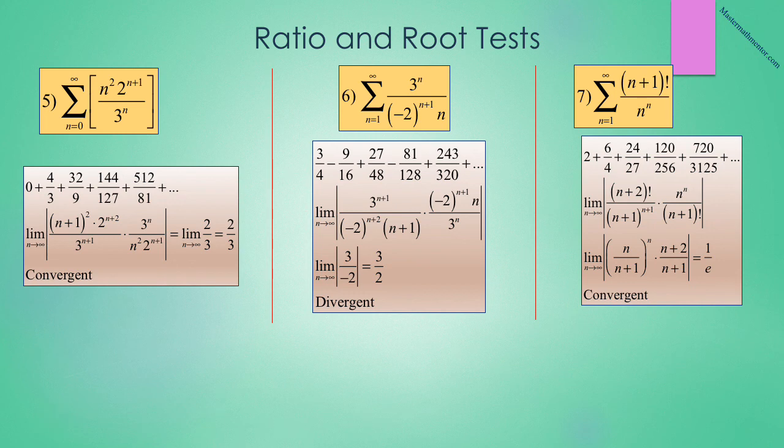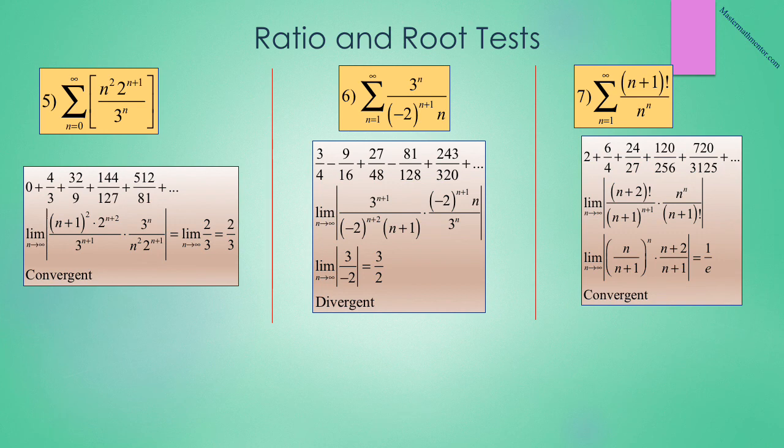For n to the n over n plus 1 raised to the n plus 1, we can get a little bit clever and write this as n over n plus 1 to the n, multiplied by n plus 1 on the bottom. That would give us an n to the n upstairs, and an n plus 1 to the n plus another n plus 1 on the bottom, giving us our n plus 1 to the n plus 1.